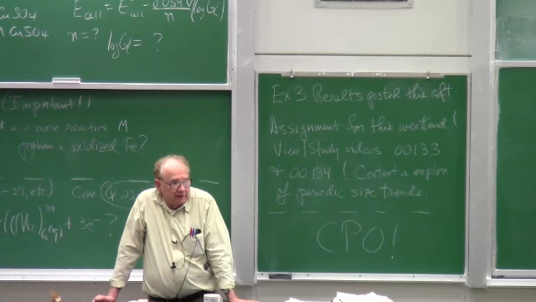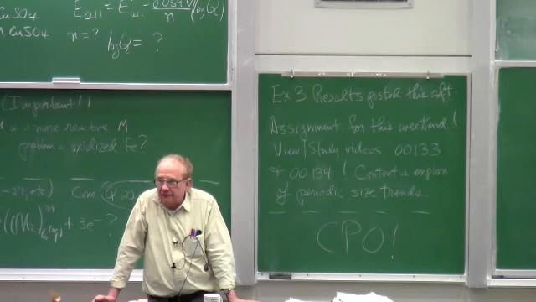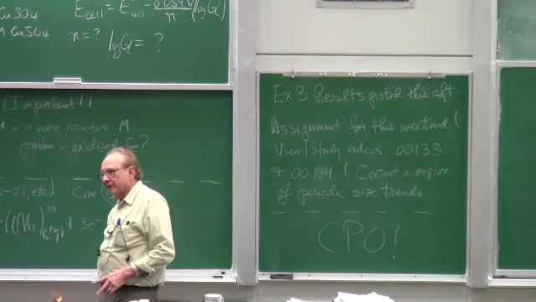To get started with this understanding, you have to be on top of periodic size trends, which I'm sure you talked about in 2045, but I don't know to what extent.